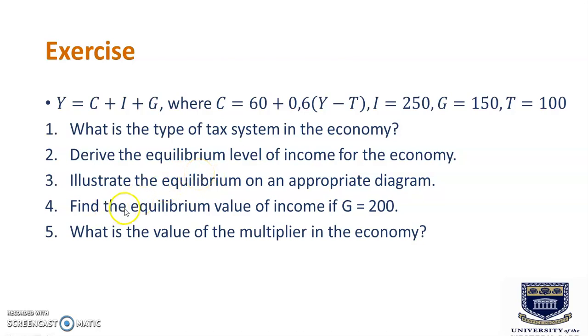And then we have to calculate the equilibrium value if G is equal to 200. Note that there is a difference here between G being equal to 150 and G increasing by 50 to 200. So we need to determine what happens to the equilibrium value. And then lastly, we need to determine the value of the multiplier in the economy.